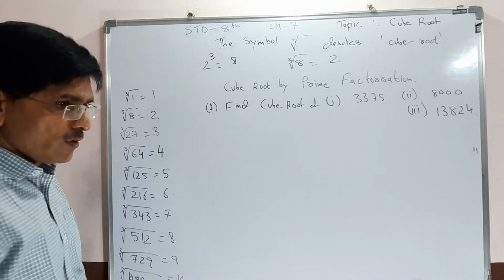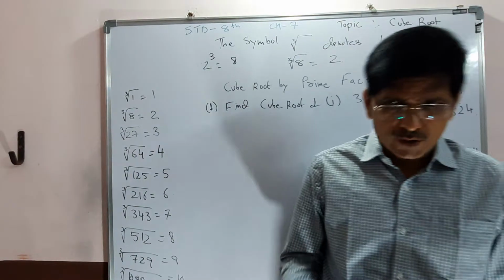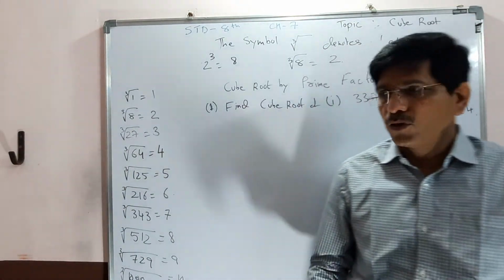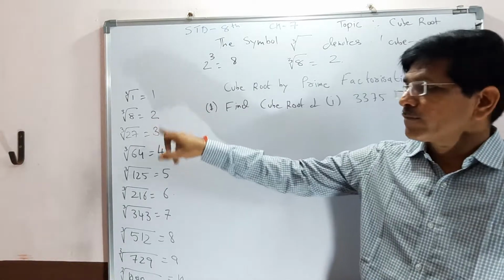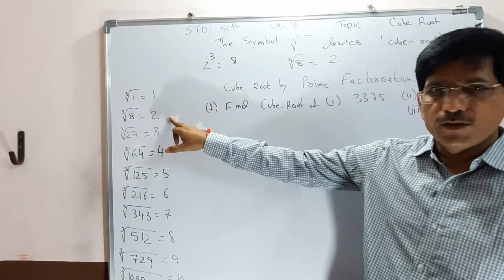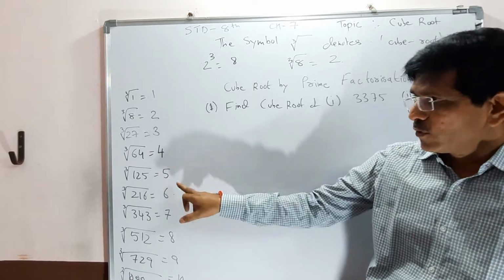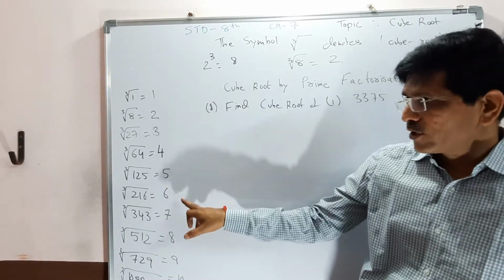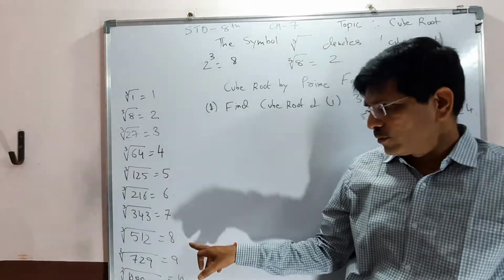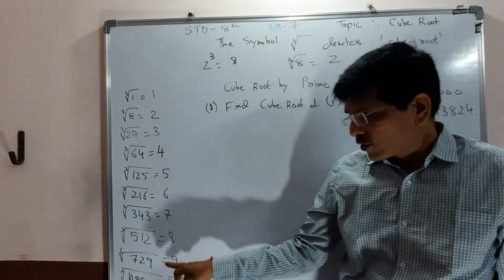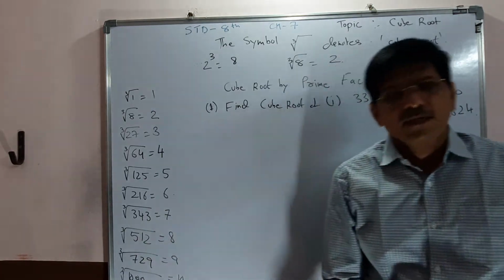So when you are watching the videos, whatever important point that you should write. So I think you have to write this. That is cube root of 1 is 1, cube root of 8 is 2, cube root of 27 is 3, cube root of 64 is 4, cube root of 125 is 5, cube root of 216 is 6, cube root of 343 is 7, cube root of 512 is 8, cube root of 729 is 9, and cube root of 1000 is 10.